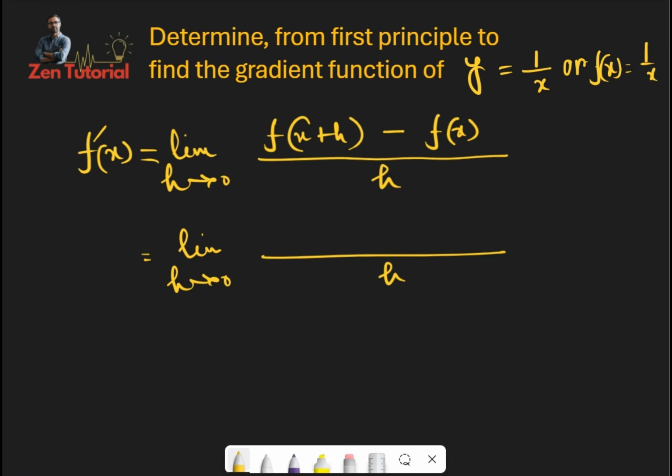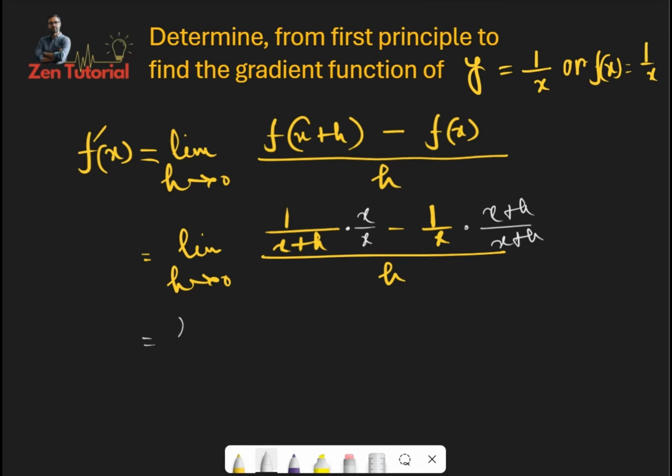So we could write down 1 by x plus h minus 1 by x. Now what I can do here is multiply with x by x, and here x plus h over x plus h.